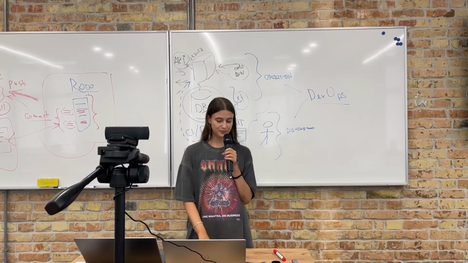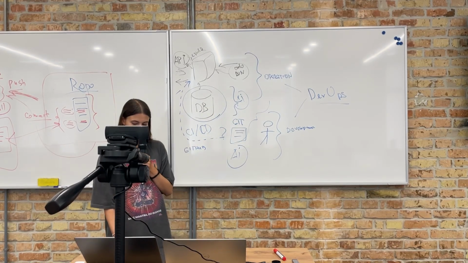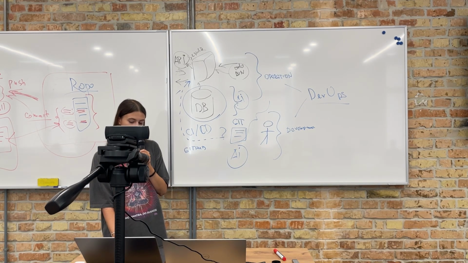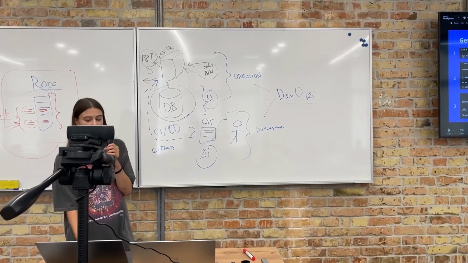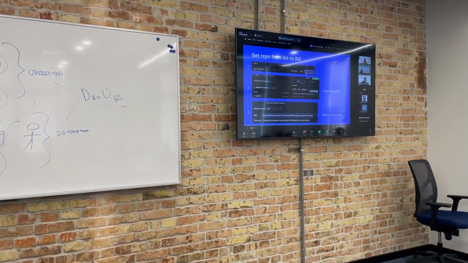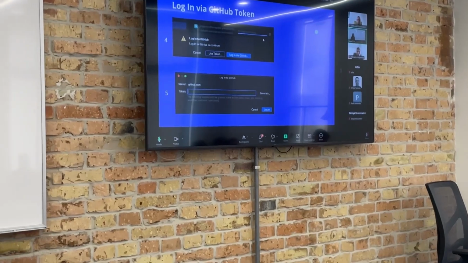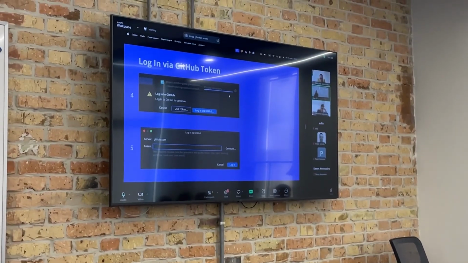To do so, first of all, you click Get from version control system, this button, and you go to your repository on the GitHub website and you copy the link to your repo. And after that, you just paste this link and click the button Next, and your IDE will ask you to log in.